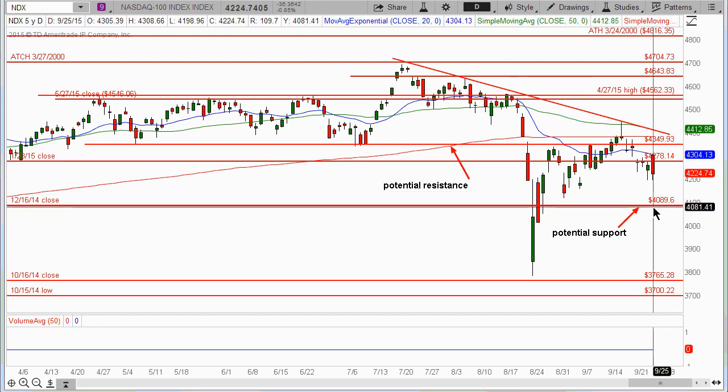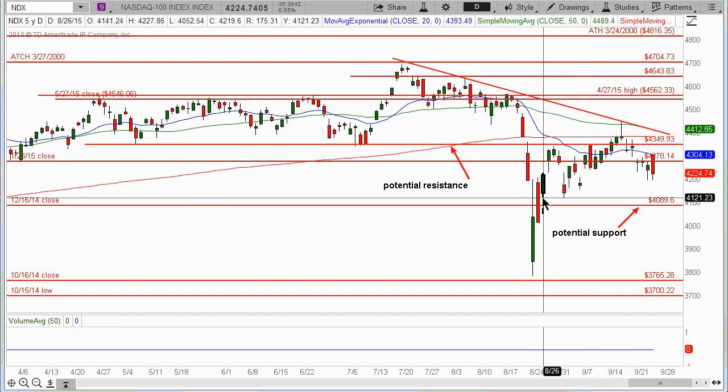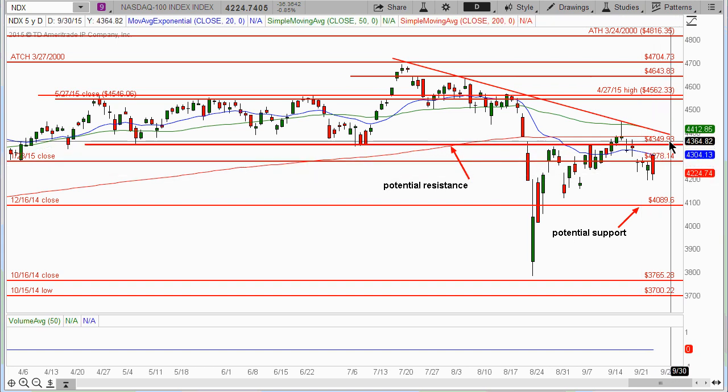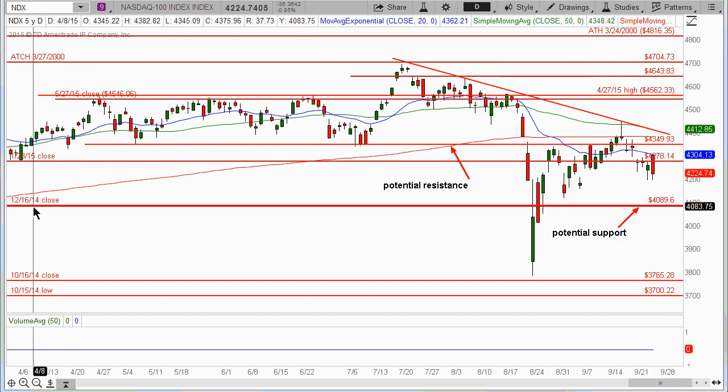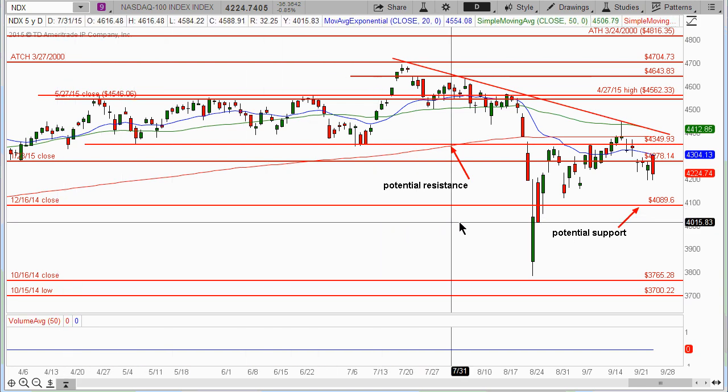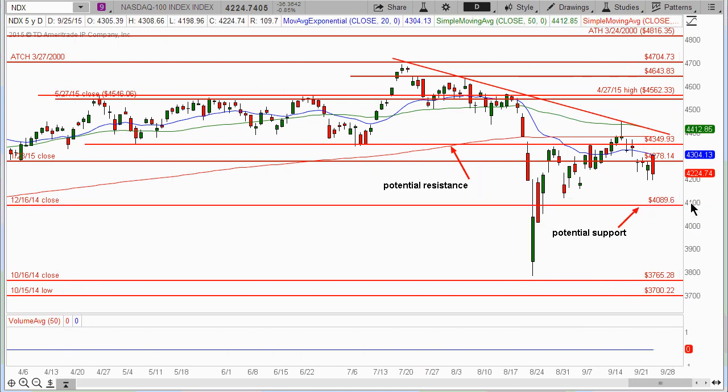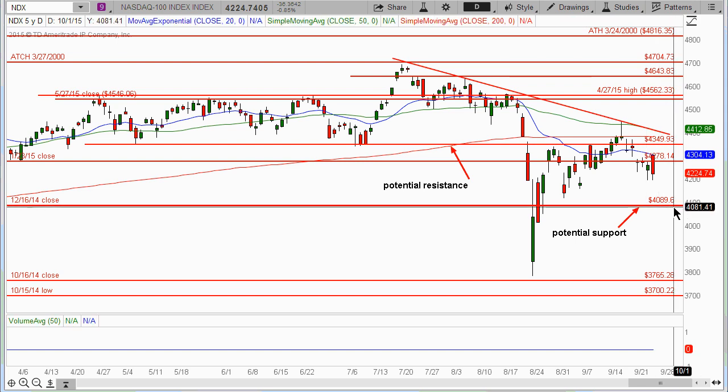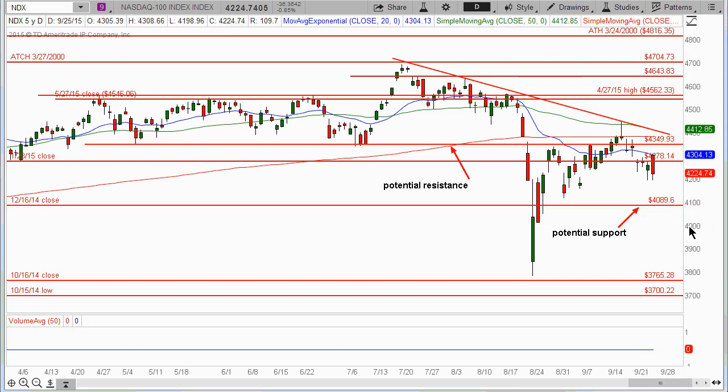Okay, and so right now it's still kind of within this band here, and if it can't get above this 43.50 area, then the chances are we will probably see it come back down to maybe try to test the December close, last year's December close here, somewhere around this 89.60. So we're going to see how it holds up when it gets down here. And if it can't hold at this level, then most likely we will see it retest this August low here. So essentially come back down to this October close, somewhere around this 37.65.